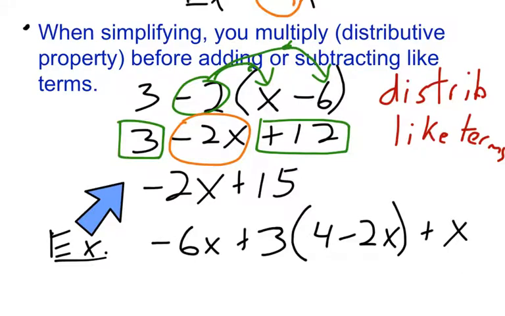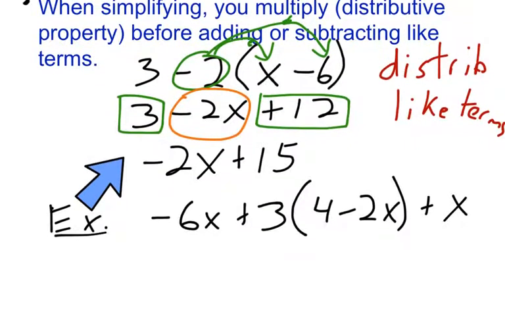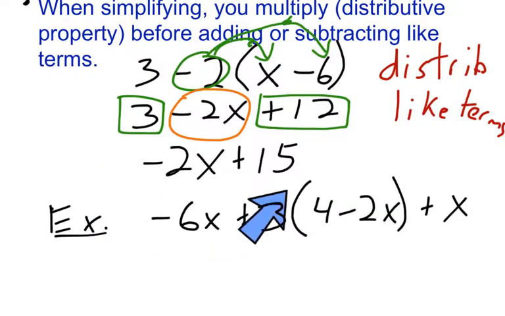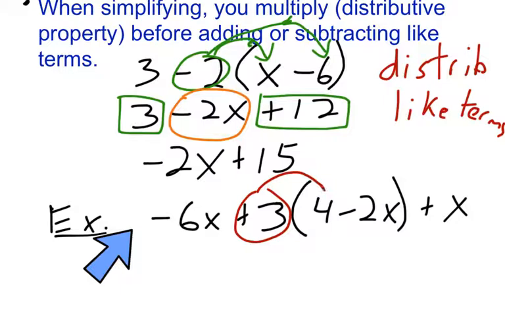This one's a little harder, but not too bad if we just take our time and remember that we do distributive property first. So we're going to do the multiplication first before we add and subtract. So I'm going to circle the 3 to remind me to distribute the positive sign to the numbers.